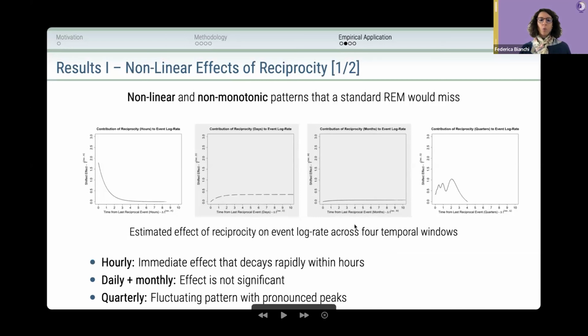And what do these pictures tell us? First, if we look at the contribution of reciprocity at the hour level, we see that reciprocity vanishes very quickly. It's very high at the beginning of the trading day, and it mostly vanishes at the end of the trading day, approximately every 8 hours.